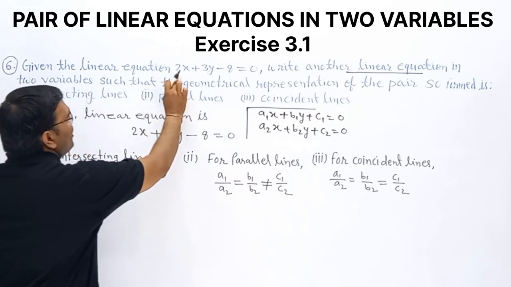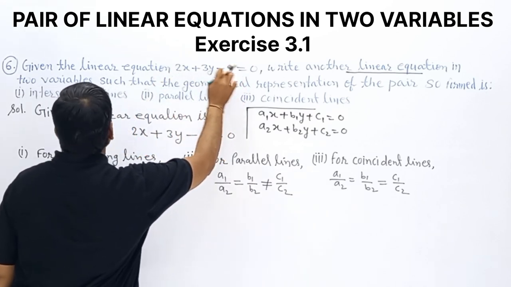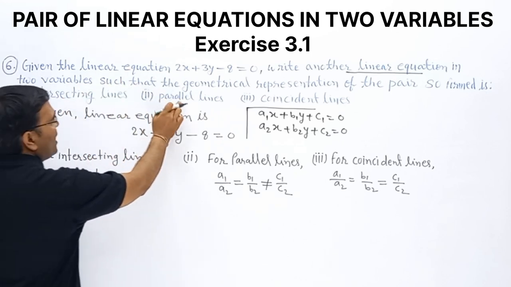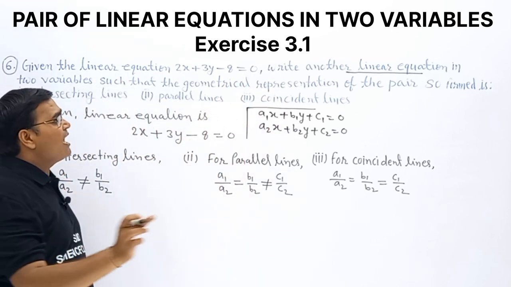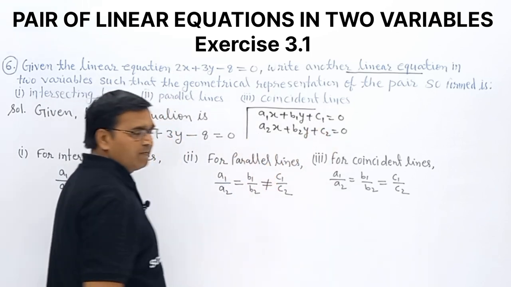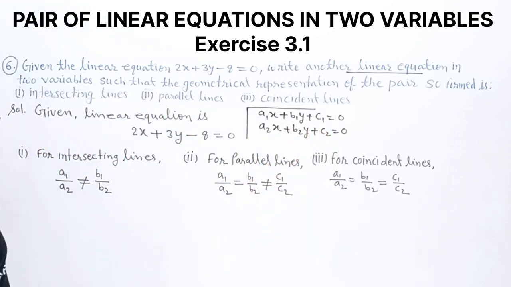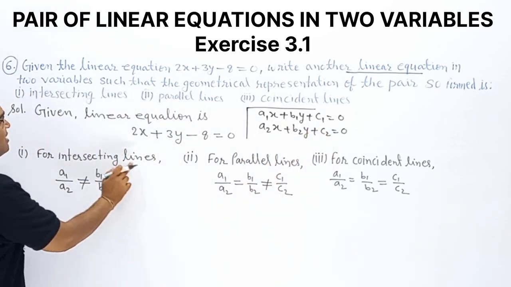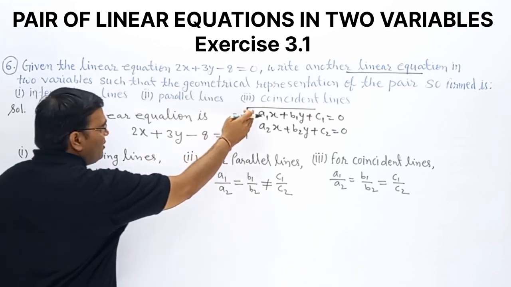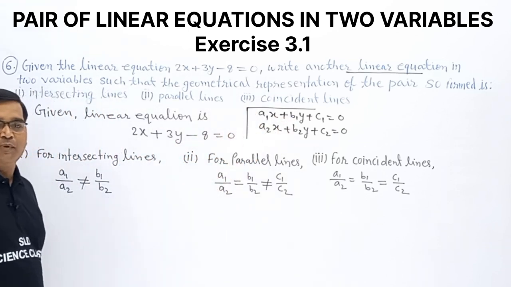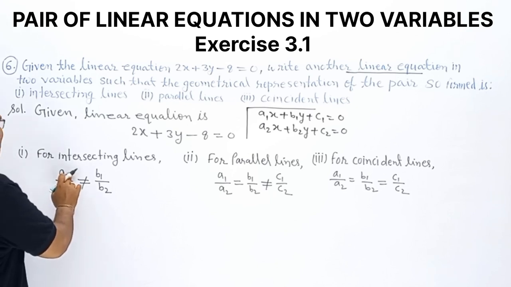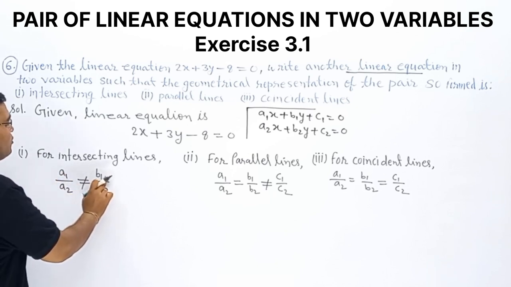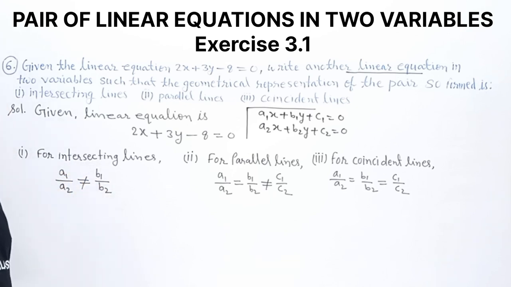We have one linear equation, and we want another for intersecting, parallel, and coincident lines. For intersecting lines, once we have two linear equations in two variables, the ratio a1 upon a2 should not be equal to b1 upon b2.